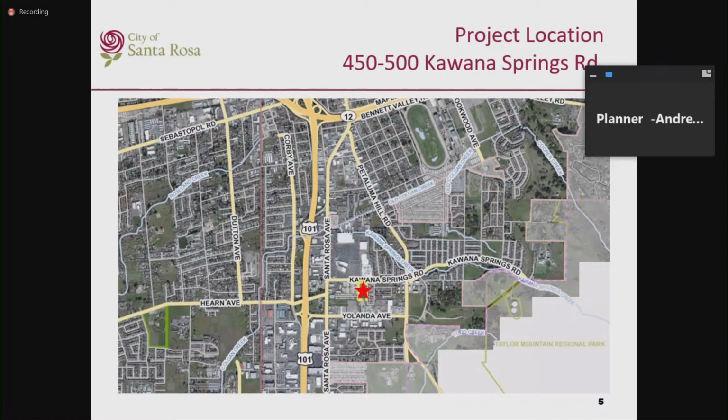It's well served by City Bus Transit and Sonoma County Transit. It has excellent connectivity to bicycle and pedestrian networks, and it's surrounded by primarily service industry employment opportunities. Commercial goods and services are also available throughout the area. Schools are accessible, and it's close to Taylor Mountain Regional Park, Colgan Creek Park, and the fairgrounds. Next slide, please.